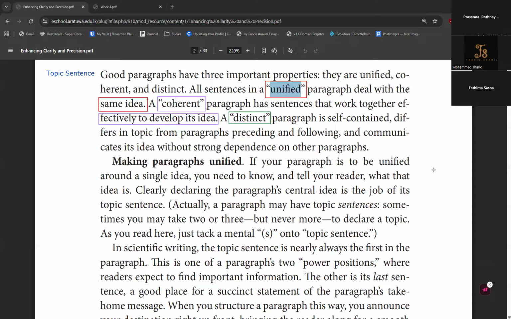Remember, when several sentences come together to describe one idea, they are coherently developing the same idea from simple to complex. That is the second idea. But distinct means one sentence, when you take it alone, is what? One sentence itself self-contained, and it is different from other paragraphs.